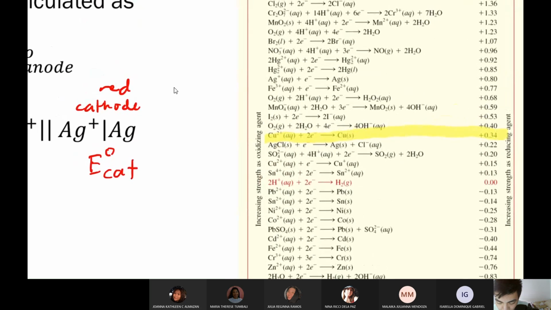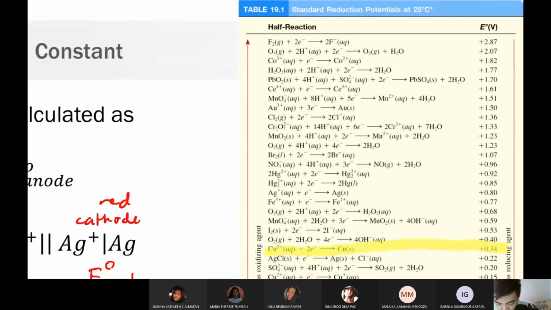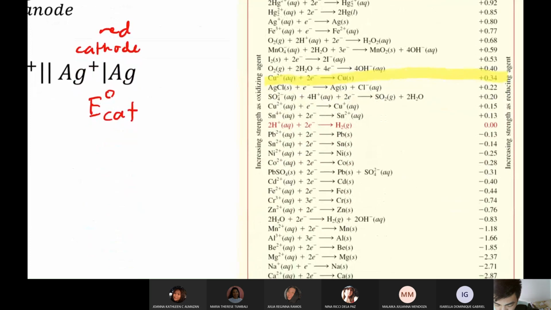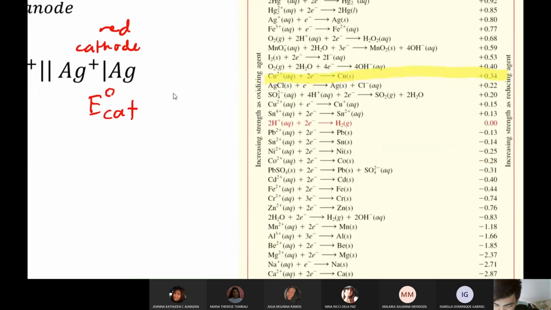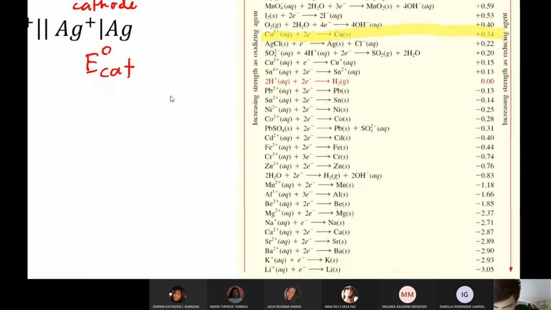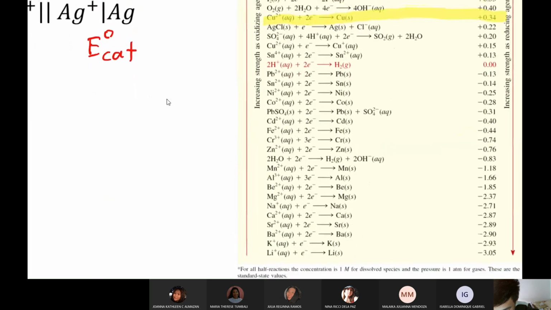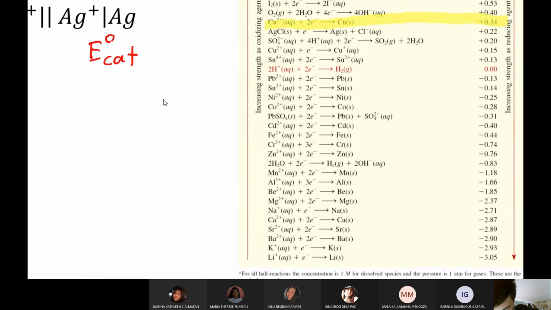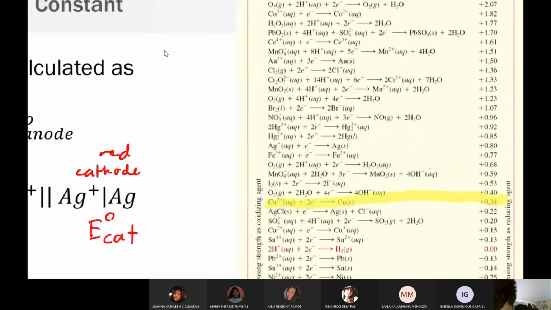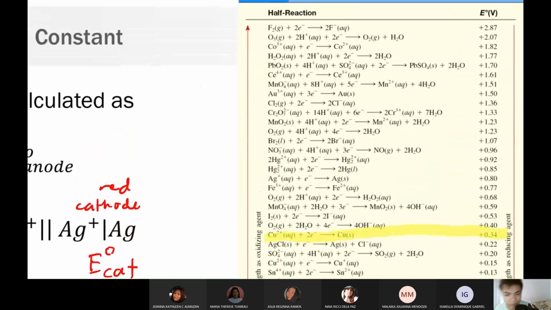Huwag nyo nga kabisaduhin yung table na to ha. Mamaya kabisaduhin eh. Hanapin natin yung Ag. I think wala dito sa table yung Ag, no?